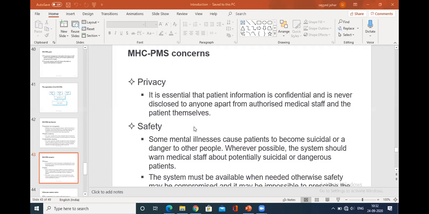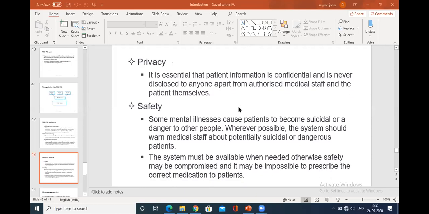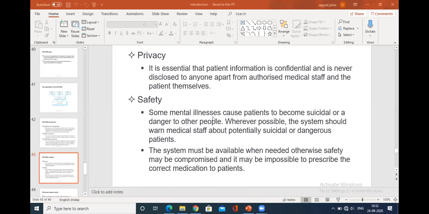With respect to privacy, we should ensure that the patient information is confidential and is not disclosed to a person who is unauthorized to it. Even with respect to safety, you have to take care of it.